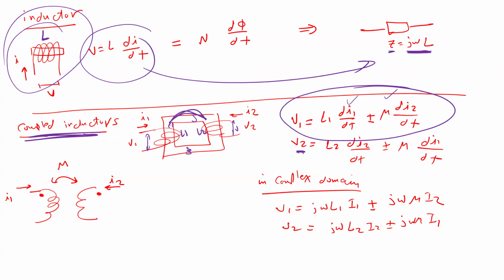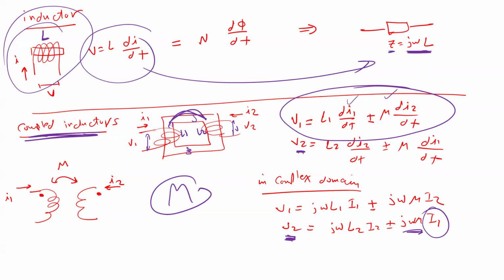Same thing, the voltage across the second inductor, V2, is equal to j omega L2 I2, yeah? And plus or minus j omega M I1. So always, when you have M, it has to be the other current, because this M is just for the impact of the other inductor.